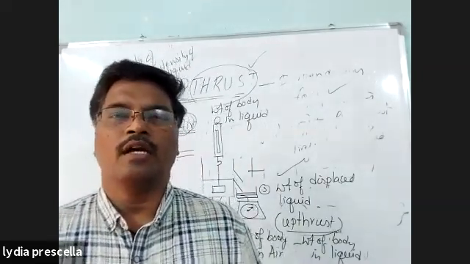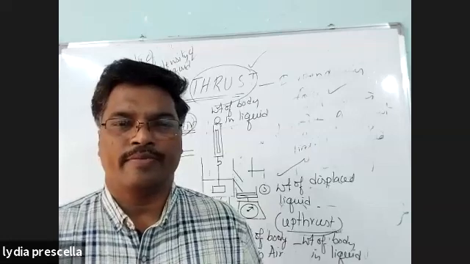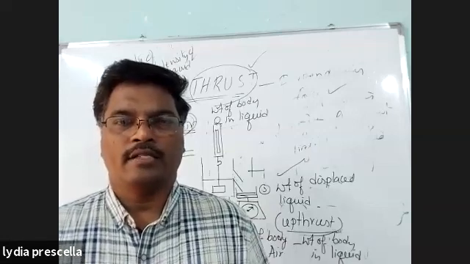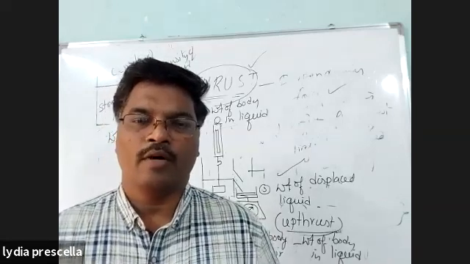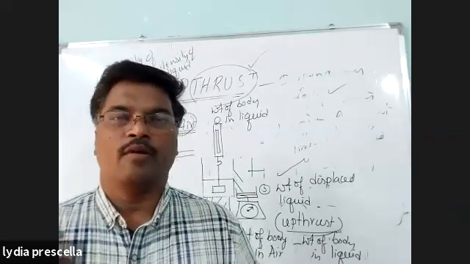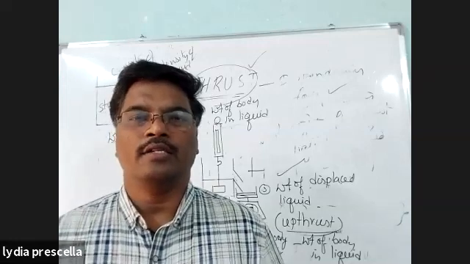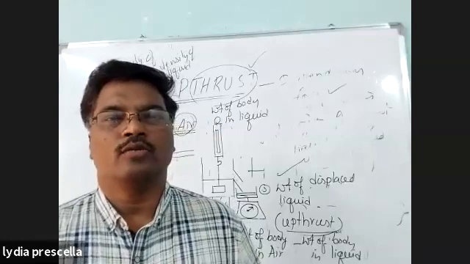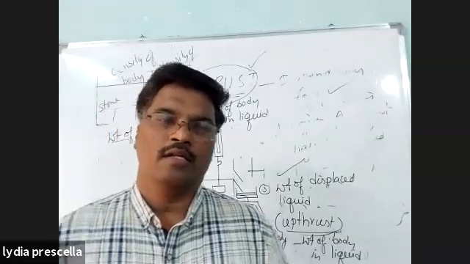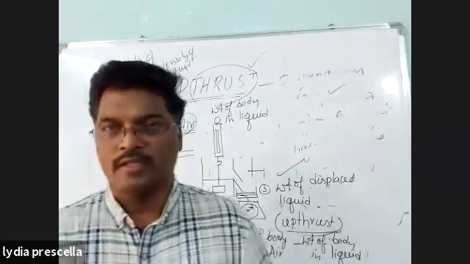So when you are taking upthrust at a single place, then acceleration due to gravity is same. So two factors are very important: volume of the body inside the liquid and the density of the liquid. When you add salt to fresh water, the density increases, then upthrust also increases.